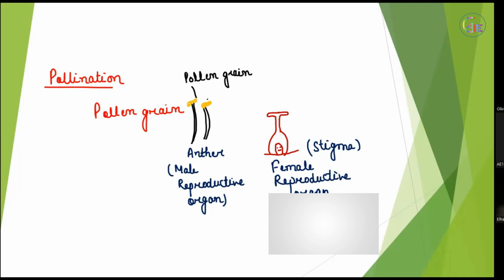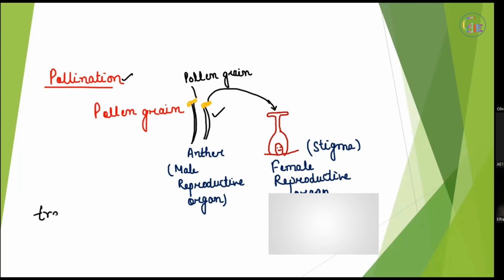So the process of transferring your pollen grains from anther to the stigma, this process, like transferring of this pollen from the anther to stigma, is your pollination.